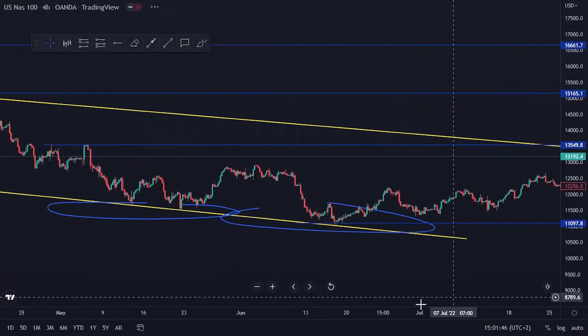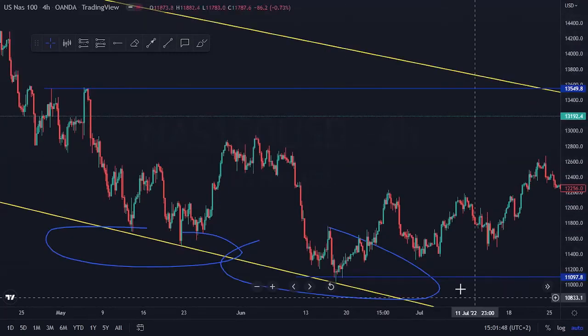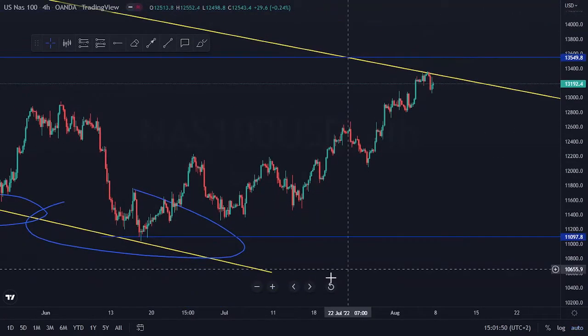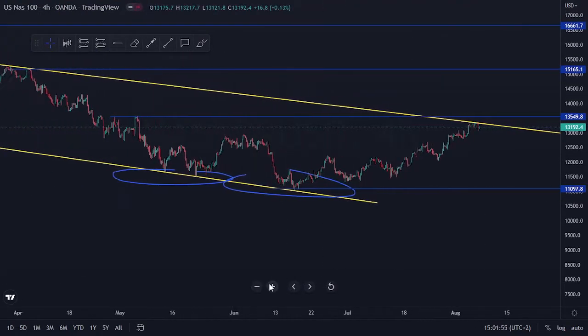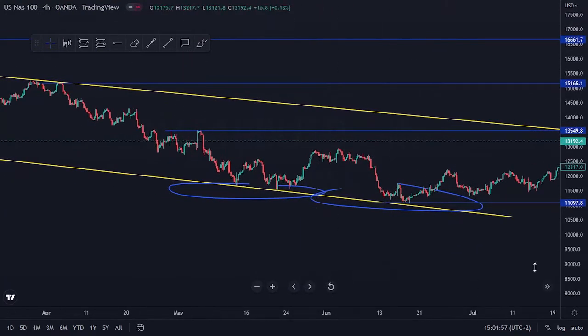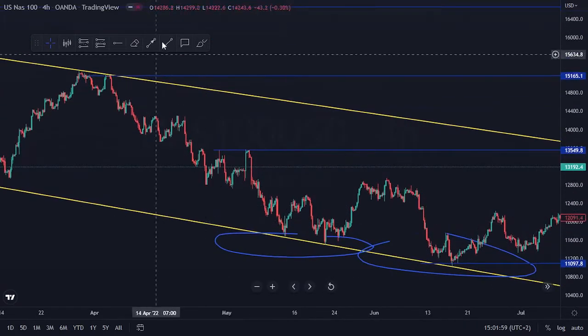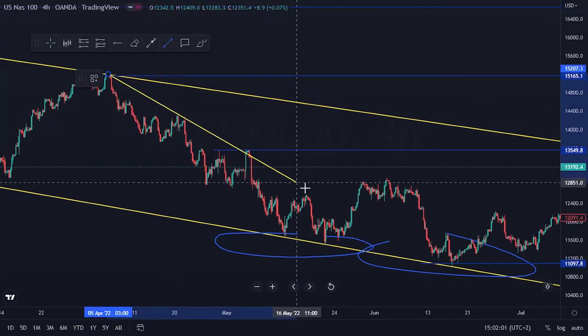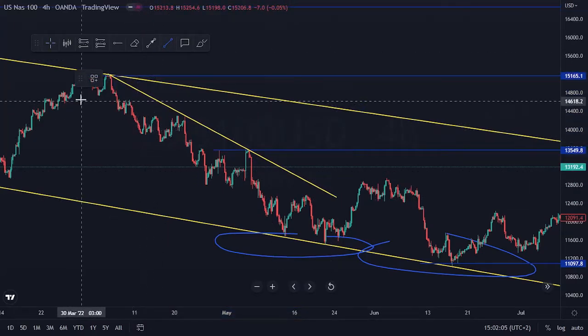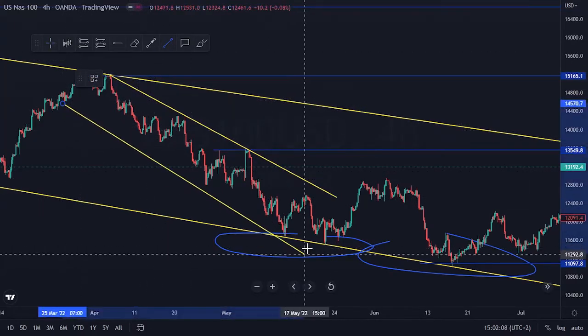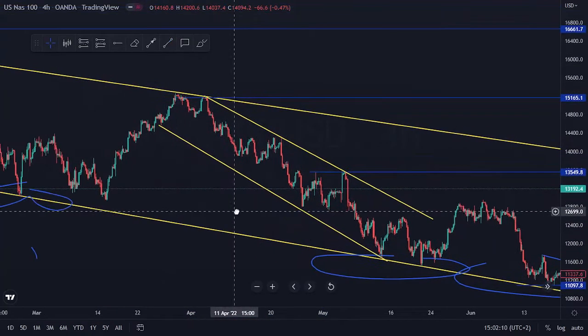On the 4-hour, what is it that I see, right? So I'm going to focus only on structure and identifying structure. So I'll identify structure beginning from here, see what has happened. Okay, so we have had this whole long descending structure. The market was in a descending structure, and we know what it is that we look for when the market is descending.